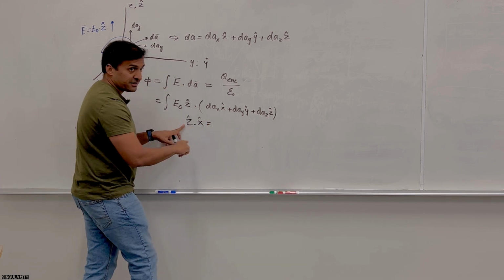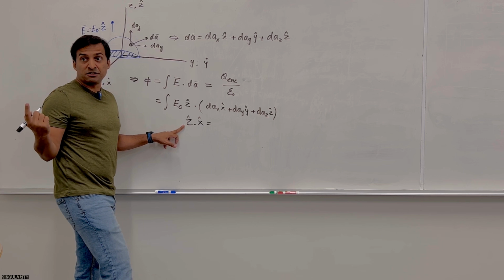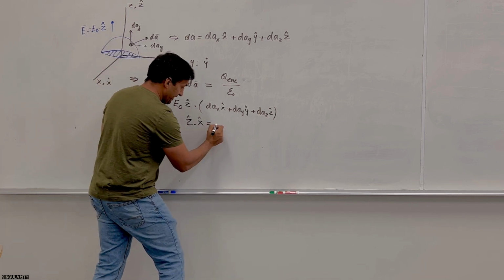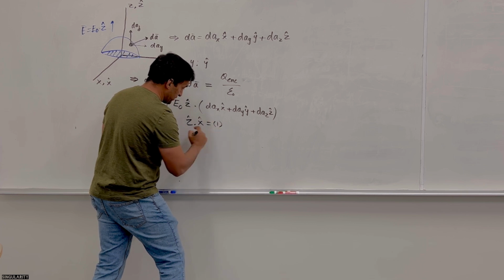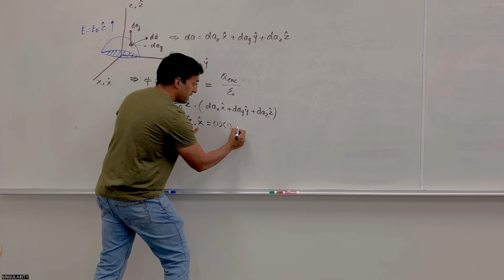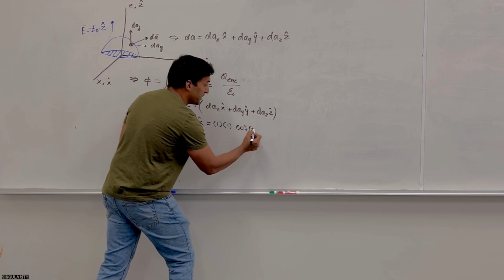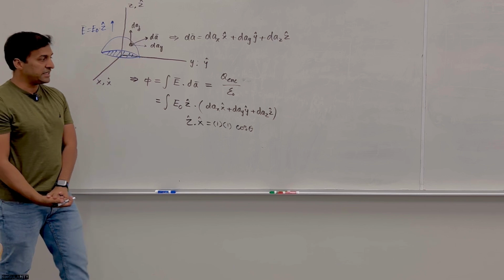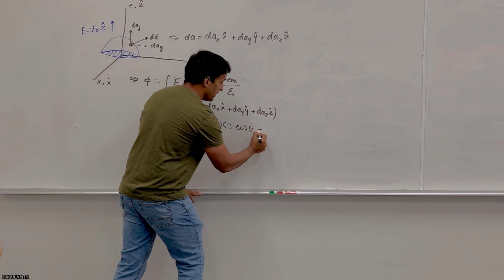Unit vectors by definition have unit magnitude, right? That's why they are called unit vector. So this will be 1, magnitude of z unit vector, multiplied by 1, magnitude of x unit vector, into cosine of angle between them. And we can see from this diagram that the angle between them is 90 degrees and cosine 90 is 0. So this is 0.